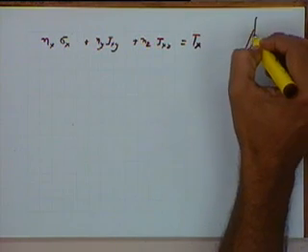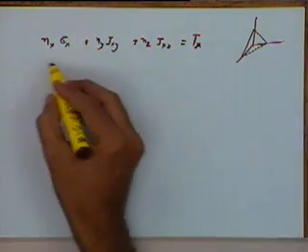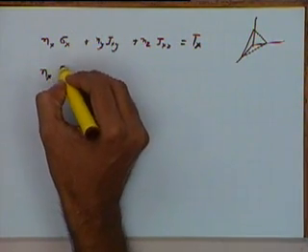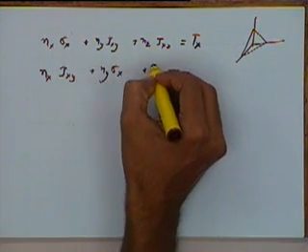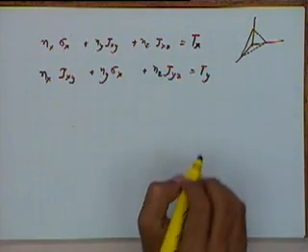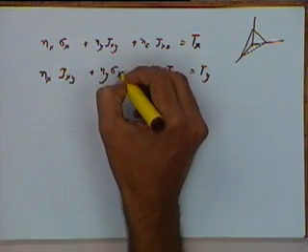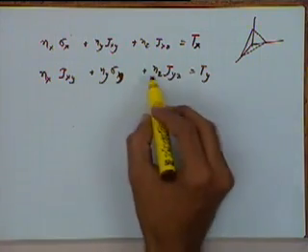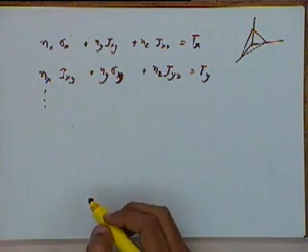If we write down the equilibrium equation for such an element, we get this equation in the x direction. We get a similar equation: nx tau xy plus ny sigma y plus nz tau yz is equal to Ty.